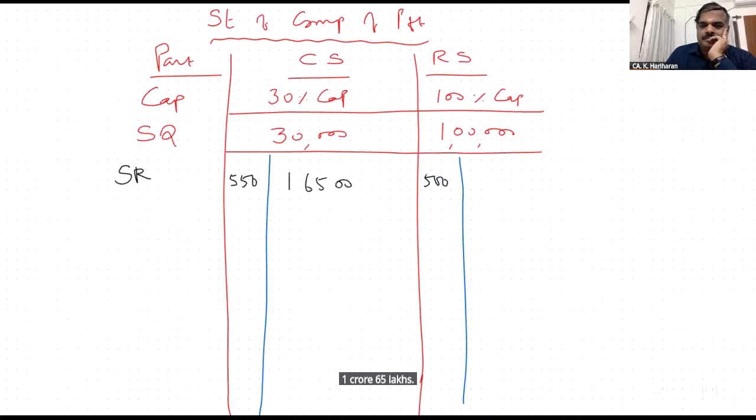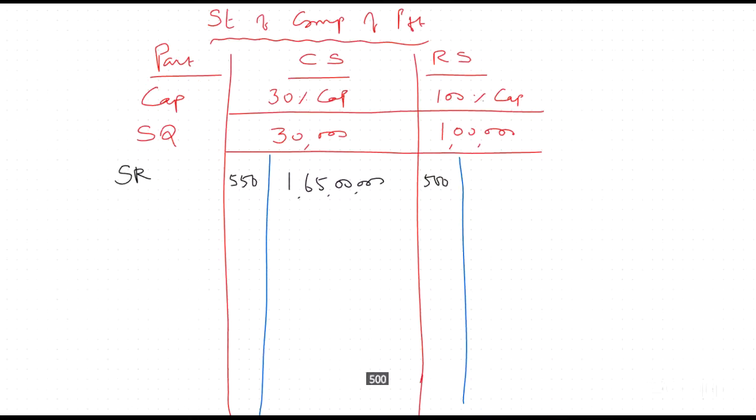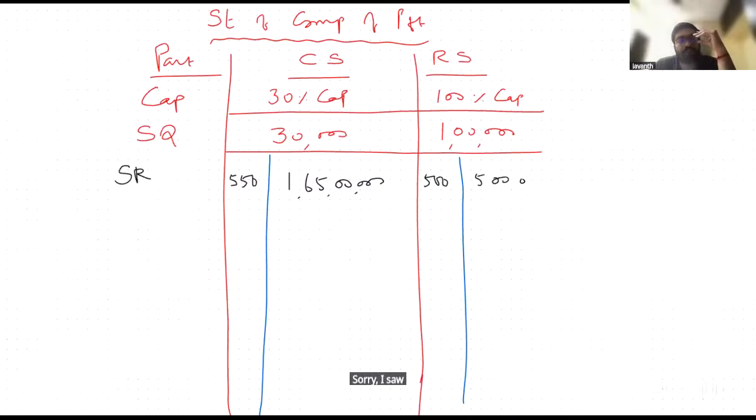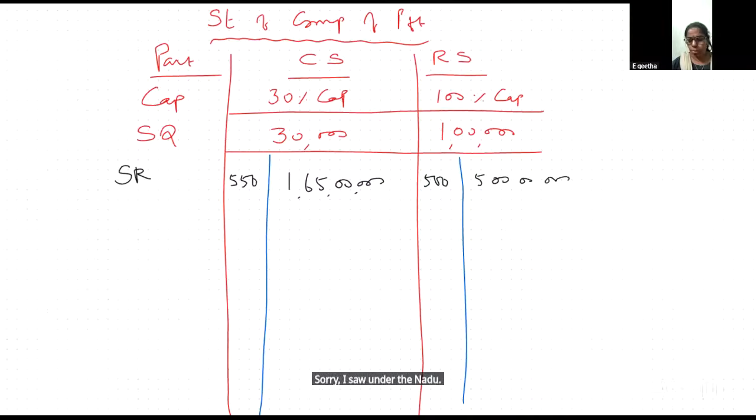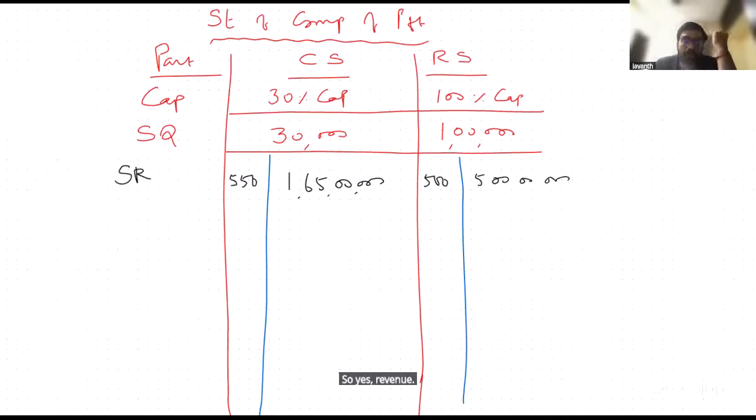Whereas in case of 100% capacity, 500 into 1 lakh is 5 crores. Sales revenue. Any doubt in sales revenue?